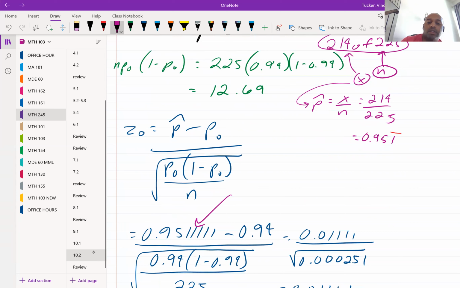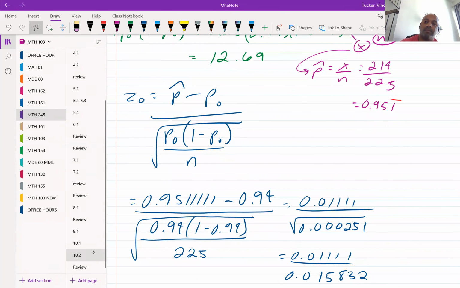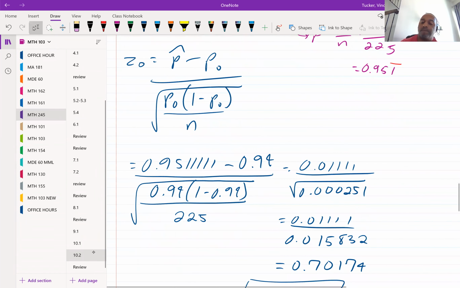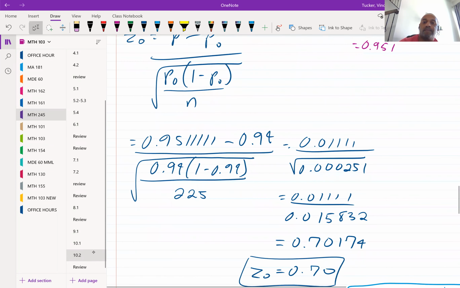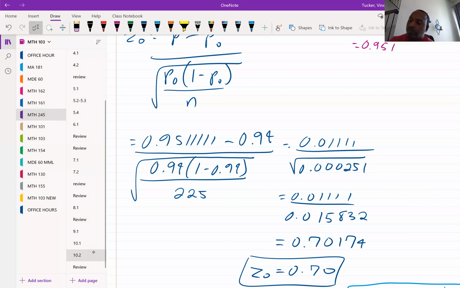So you see how I did my calculation, 0.95, and then just wrote 4 or 5 ones after that. So our z-score, or test statistic, ends up being 0.70.